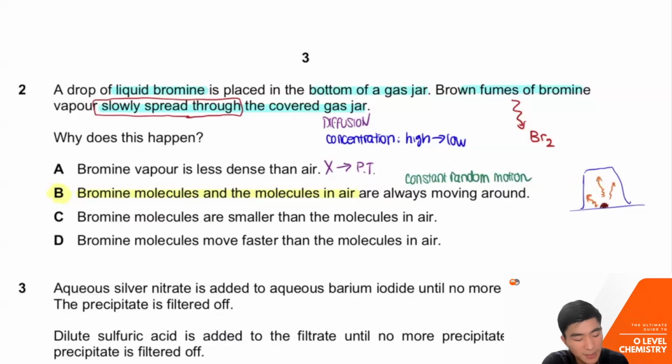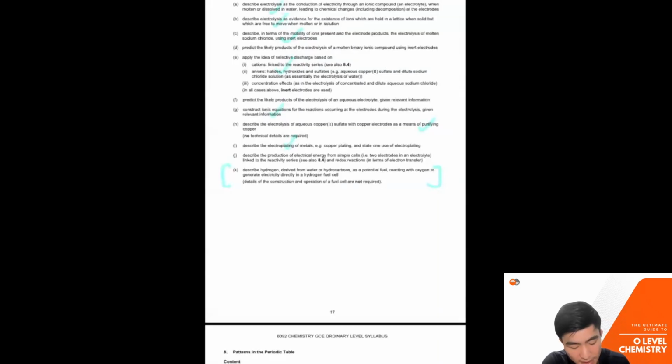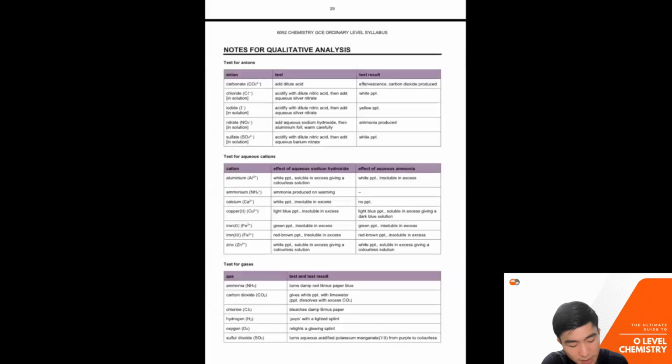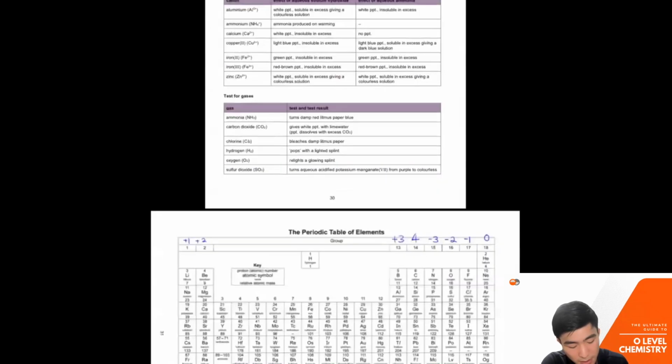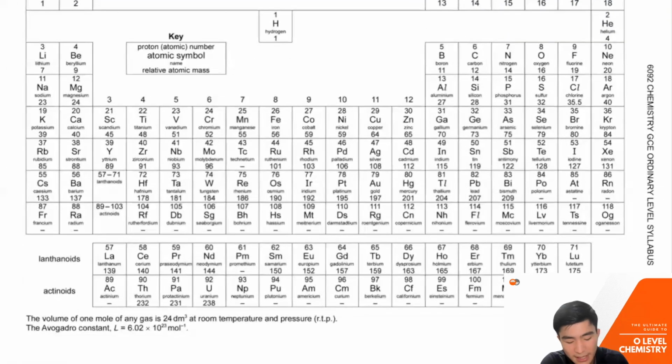Remember, in your periodic table, you go all the way down and you will realize that the location of the element on the periodic table tells us how big the molecule is. On top is small molecule. As we go down, number of electrons increases, number of protons increases, the size of molecule increases, right? Mass of molecule increases. So you can see bromine is over here. Air, which is predominantly made of nitrogen, is on top. Okay, let's move on to the next option.